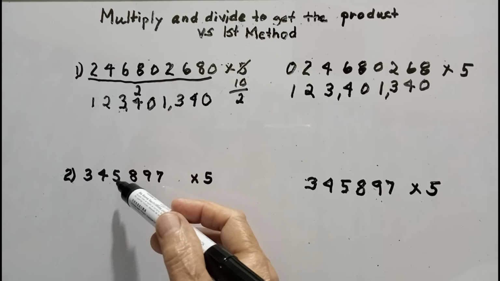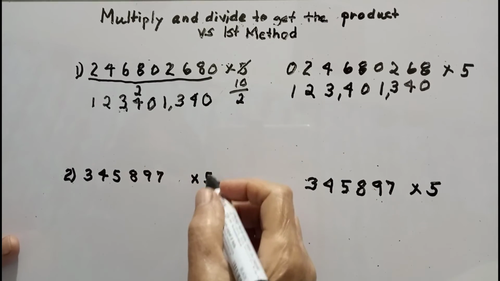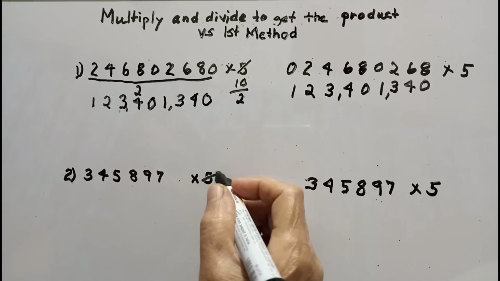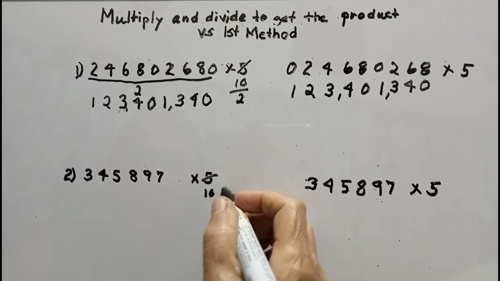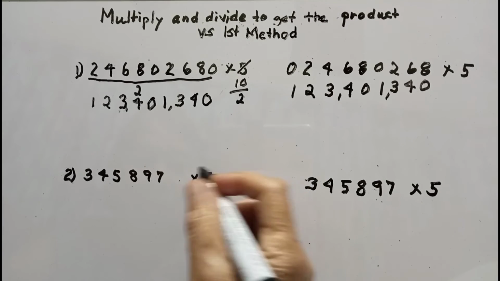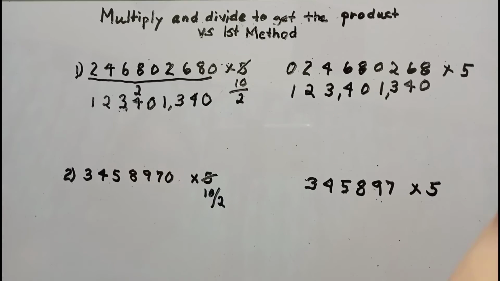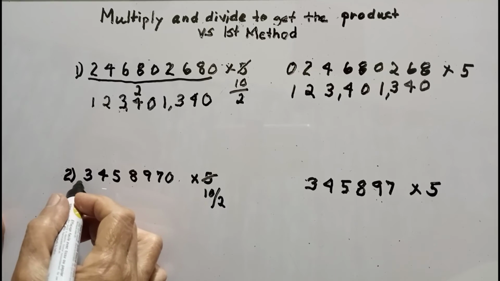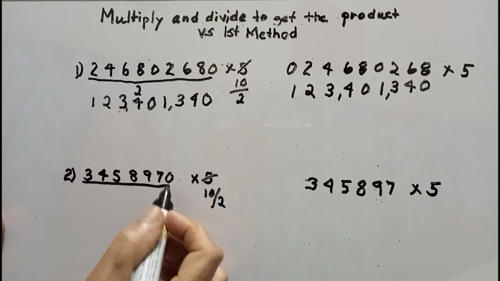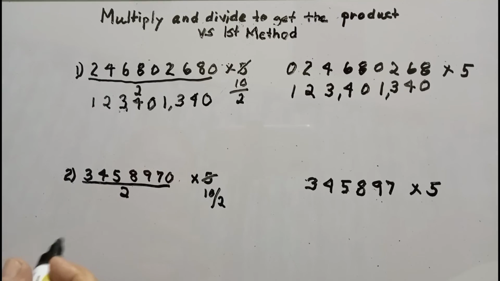So we have 3, 5, 9, and 7. So let's cancel this. Replace that with 10 over 2. Or simply add 0 and divide the whole thing with 2. Okay?